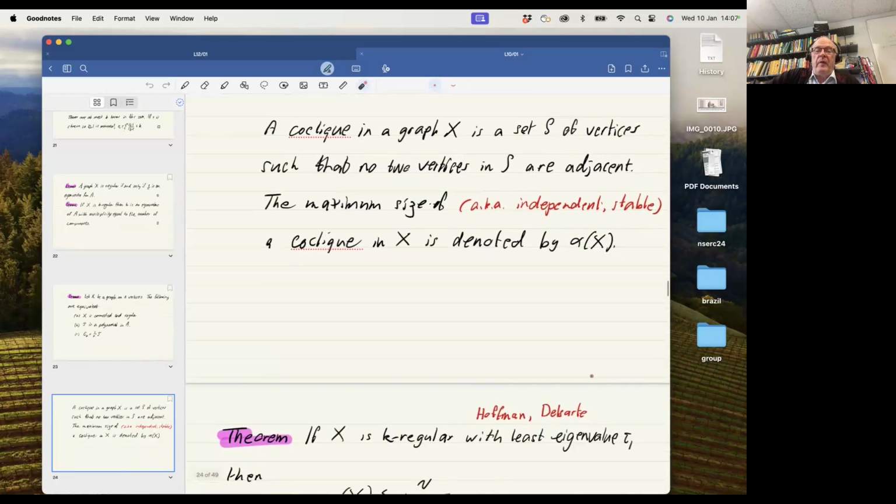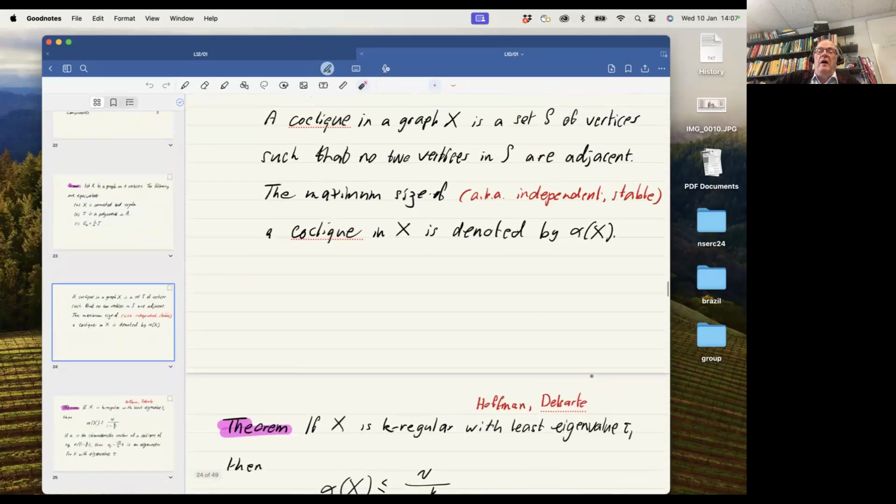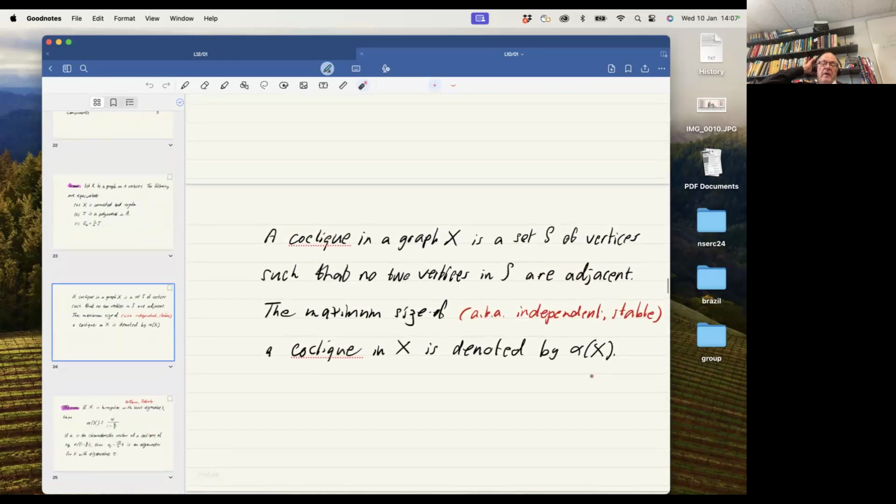Before I go on, co-cliques are something I'm interested in mathematically. There are a lot of combinatorial optimization problems where information about the maximum size of co-cliques will be relevant and useful. So it's very nice to have good ways of computing the maximum size of a co-clique in a graph.